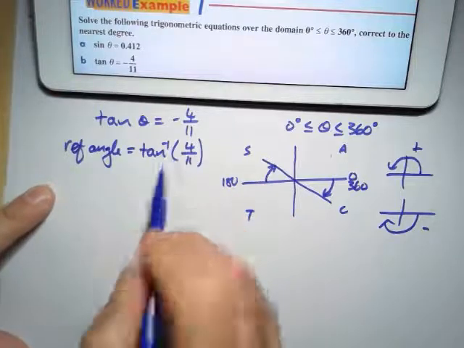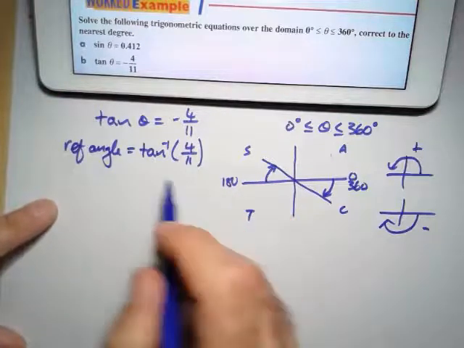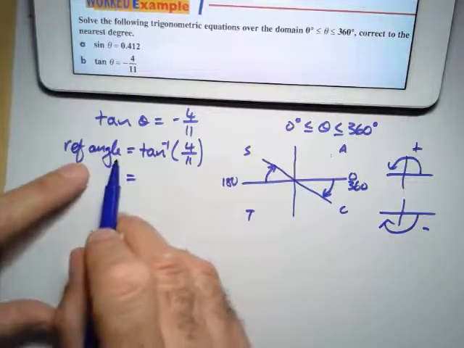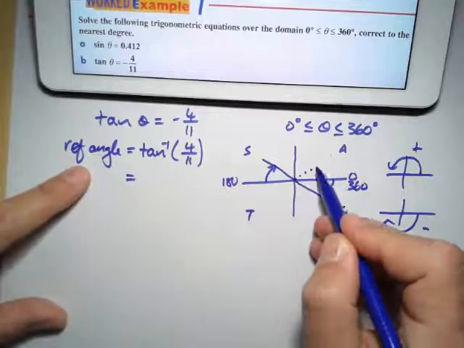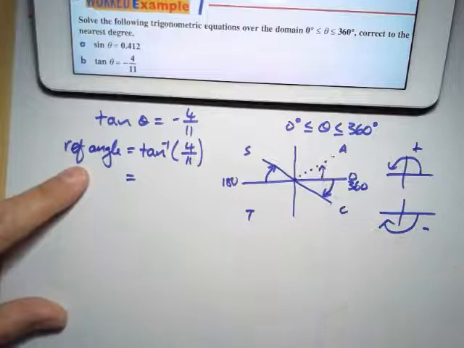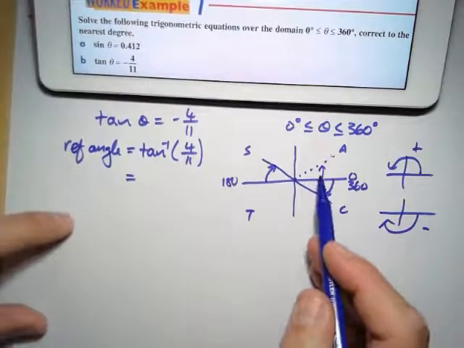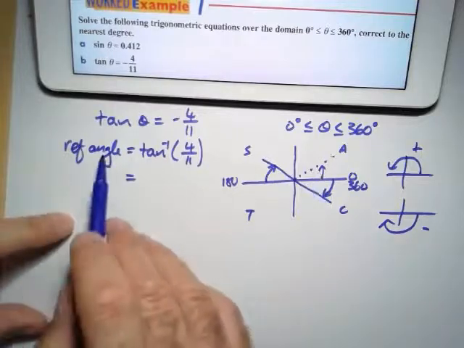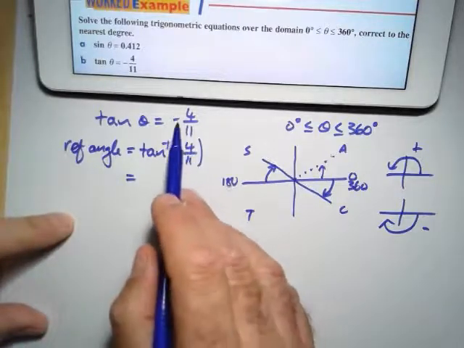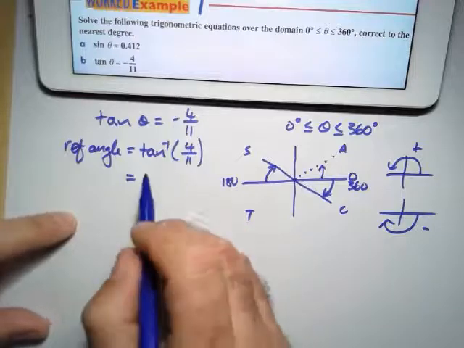I do not use the negative. I just find my reference angle. My reference angle is what would have been the angle in the first quadrant. If you use a negative, you're not going to get that answer. So the reference angle is this ratio without the sign.